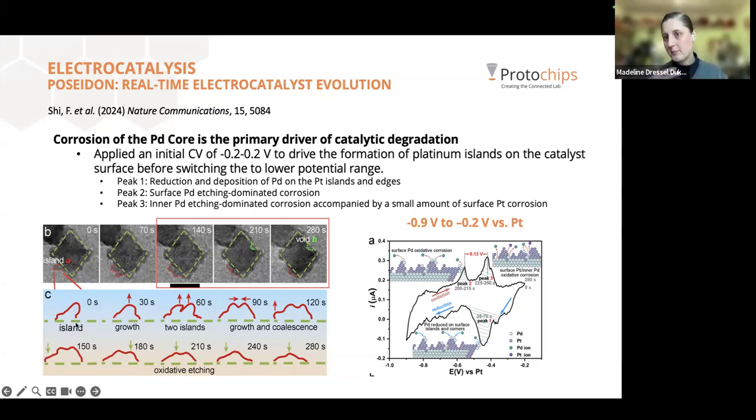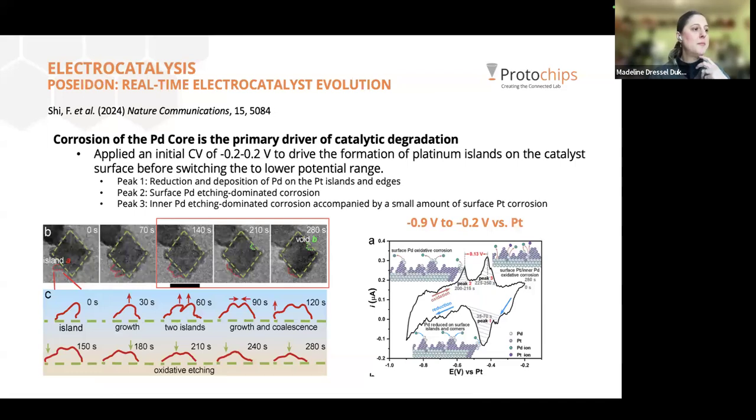Doing some post-analysis afterwards, they were able to identify that the initial islands are platinum that's redeposited, and then it starts to build up with palladium that comes out of the core. This first peak, peak 1, is the reduction and deposition of palladium that gets exposed to the electrolyte on the surface of the platinum shell, particularly at the edges.